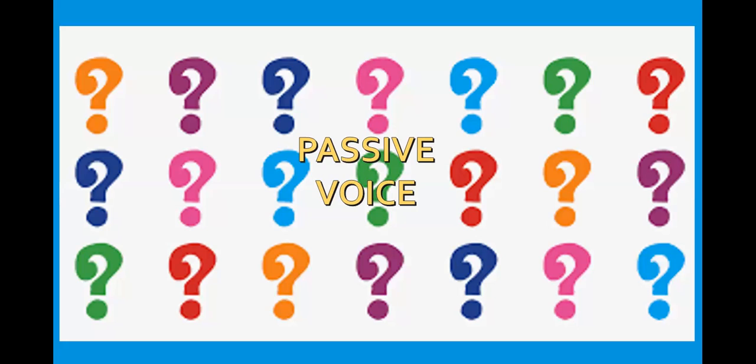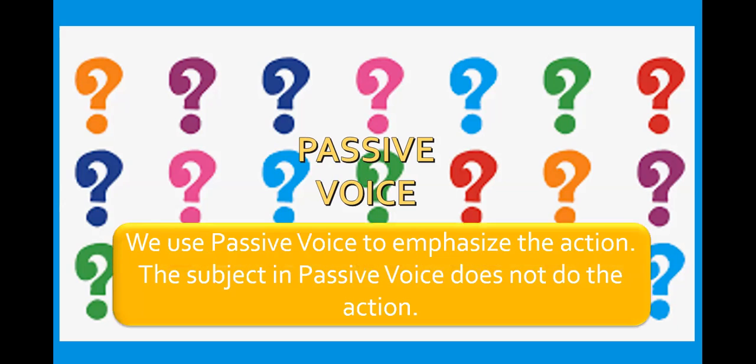So for passive voice, which is what we're going to focus on this week, we have first the use of passive voice. We have to understand what we are talking about when somebody says passive voice.